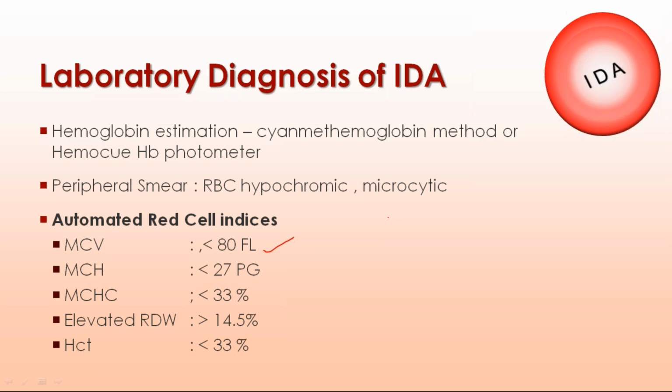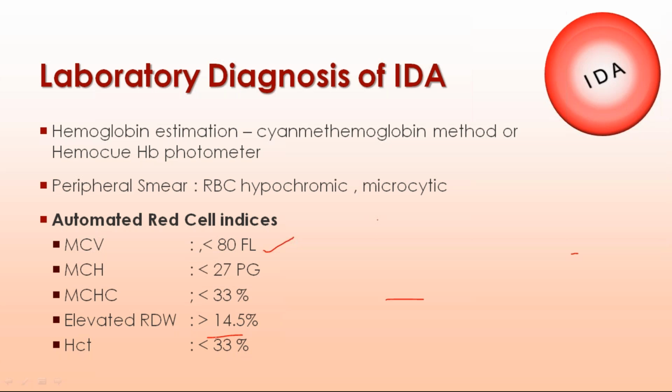MCH, mean corpuscular hemoglobin, less than 27 picograms. PG means picogram. And MCHC, almost like the HCT actually, below 33% is the mean corpuscular hemoglobin concentration. And RDW, all of you are familiar with what is RDW? Red cell distribution width.